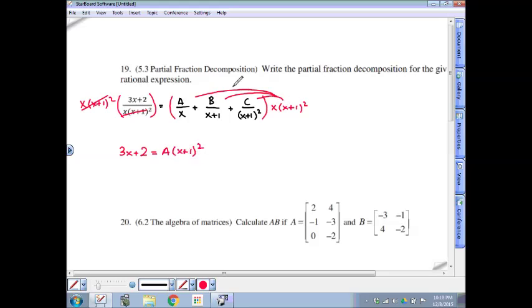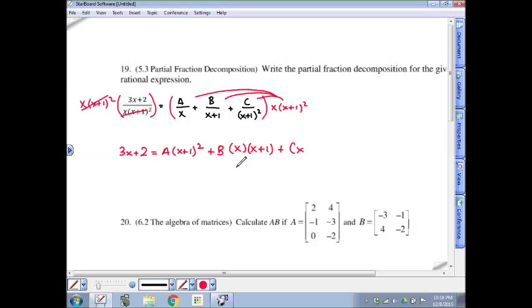When you multiply the LCD to the b partial fraction, this x plus 1 cancels with only one of these x plus 1s, so b multiplies in x and in x plus 1. And when this LCD multiplies to the c term, the x plus 1 squared cancels with this x plus 1 squared, so c multiplies with x.